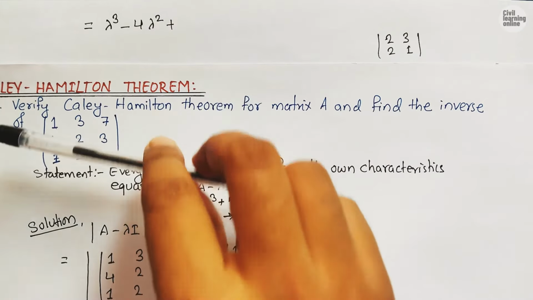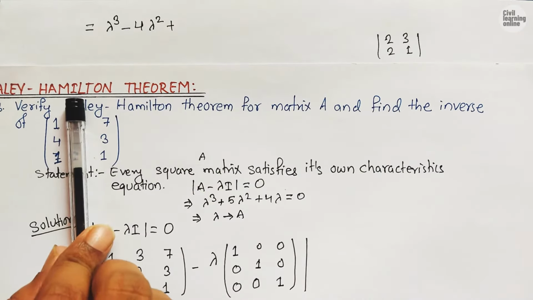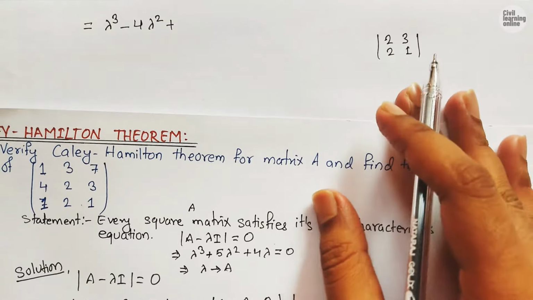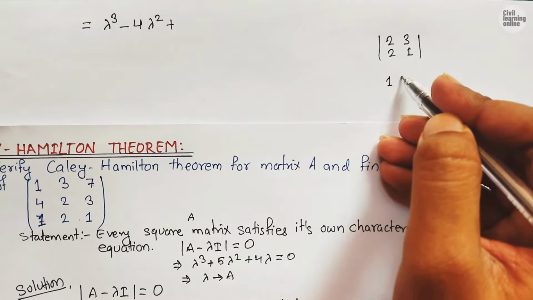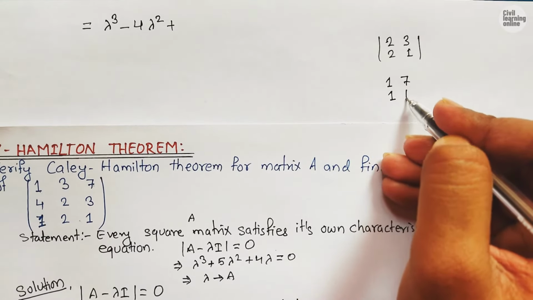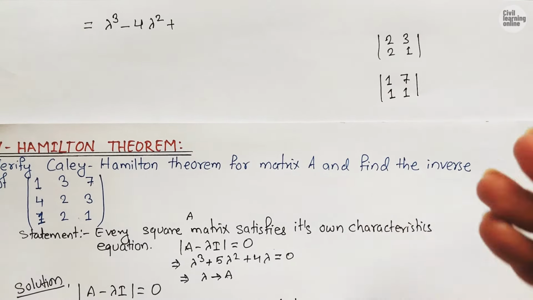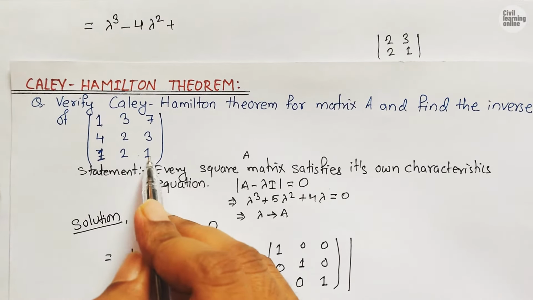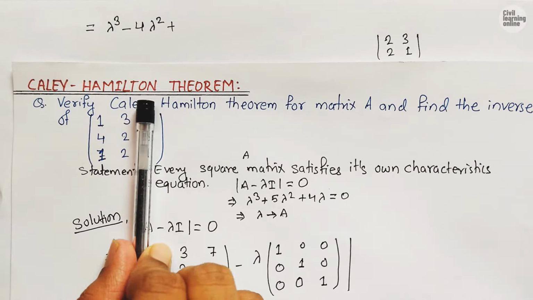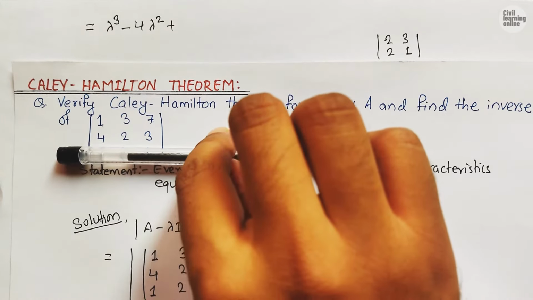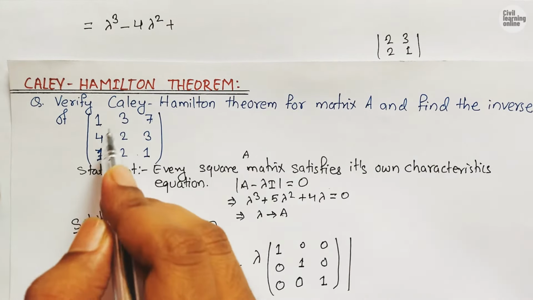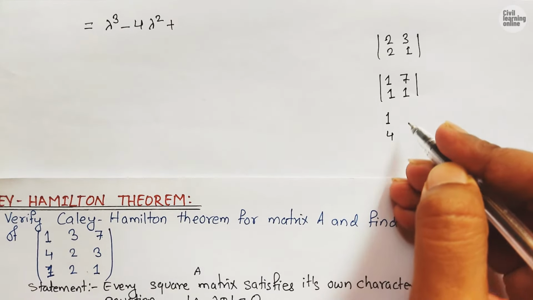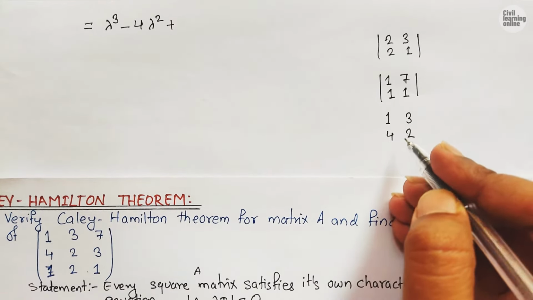So this and this needs to be covered. So we will have here 1 1 7 1. Okay, now we have another element, that is 1. 1 is also a diagonal element, so cover the row and column in which 1 lies. So this and this needs to be covered, and we will have here 1 4 3 2.